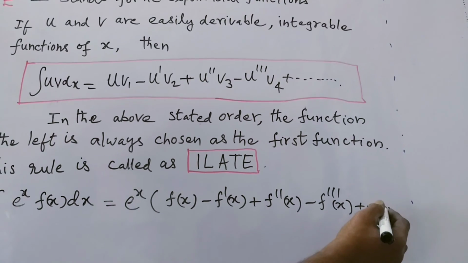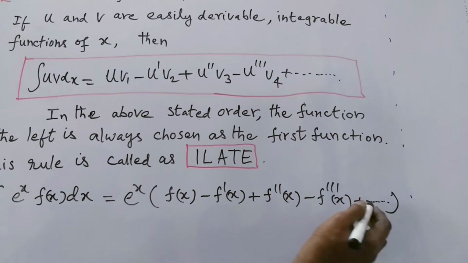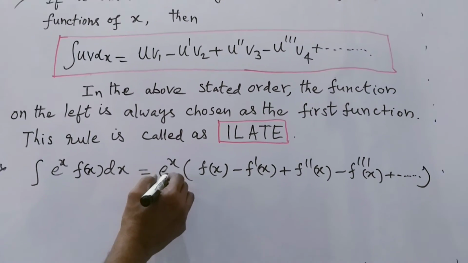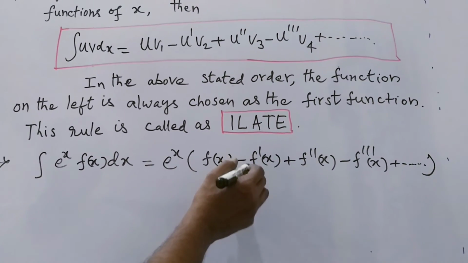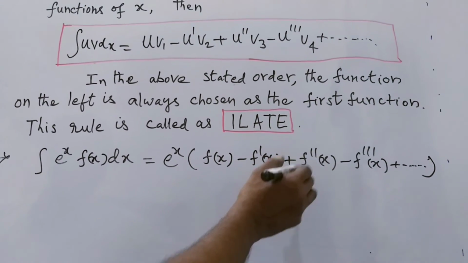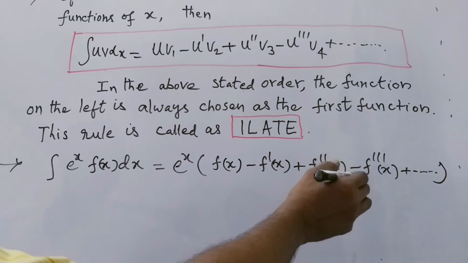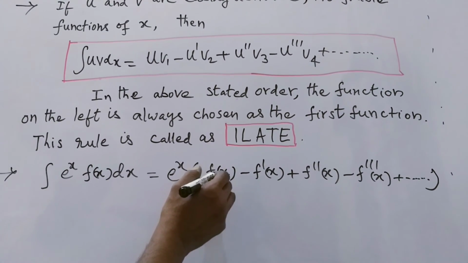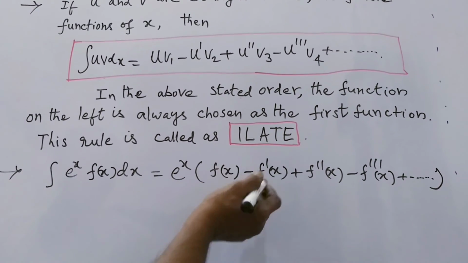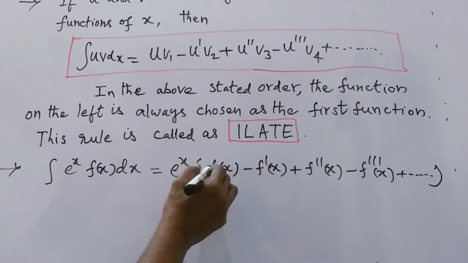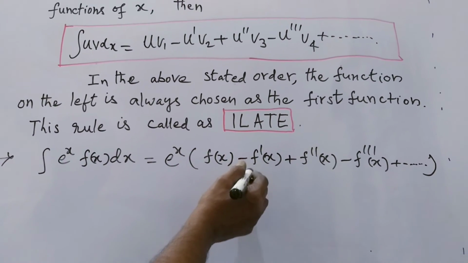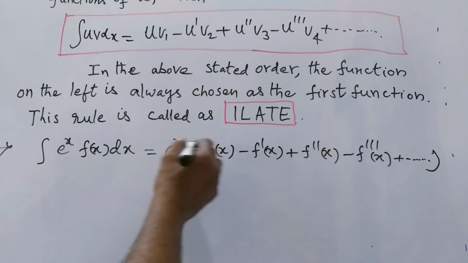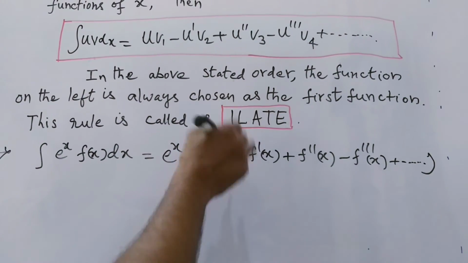Here the alternate terms are minus: the first term plus, second term minus, third term plus, fourth term minus. Alternate terms will become minus in this order.